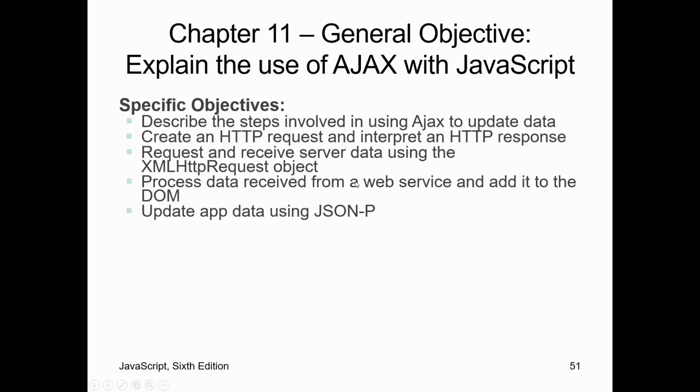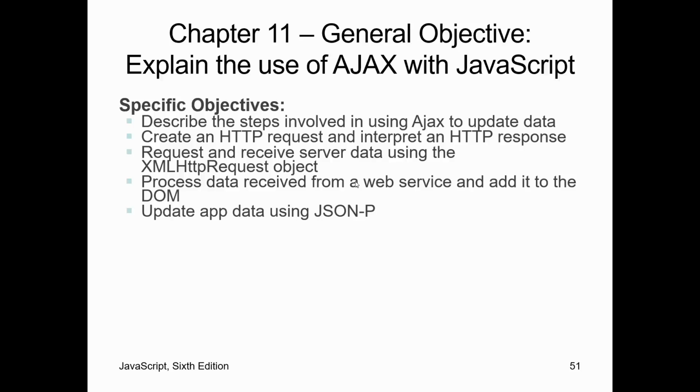So that pretty much brings us to the end of Chapter 11. We have one last chapter, and that's on jQuery. In this chapter, we went over the steps involved in using Ajax to update the data. I twice went over that 4-step process. We talked again about how HTTP is a request from the browser or client, response from the server mechanism.